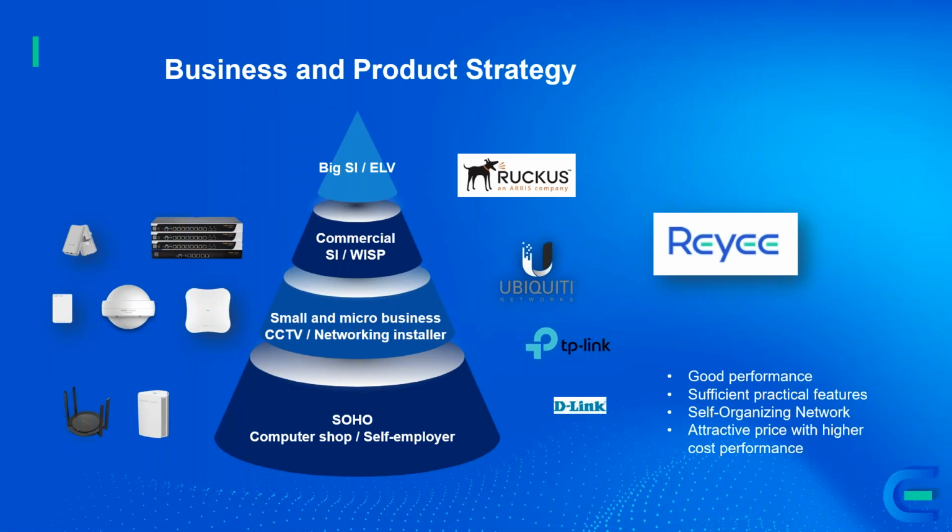So our business and product target covers small and medium companies. So we cover SOHO shops, self-employed people. We also cover small and micro businesses, CCTV, networking installers, the commercial SI and WISP, and large and big SI.